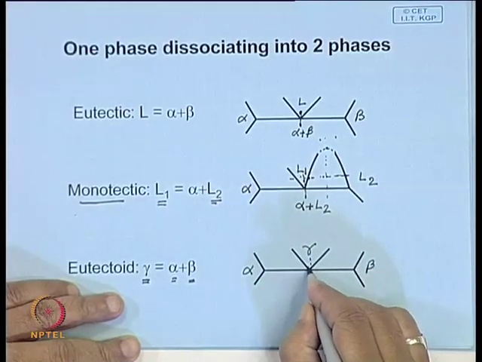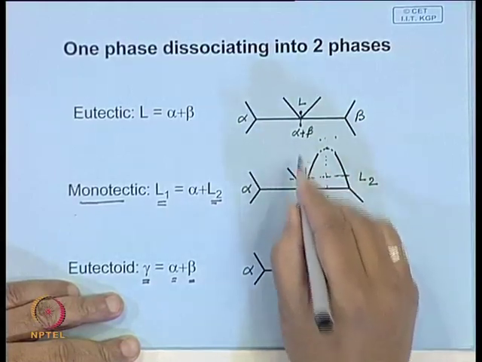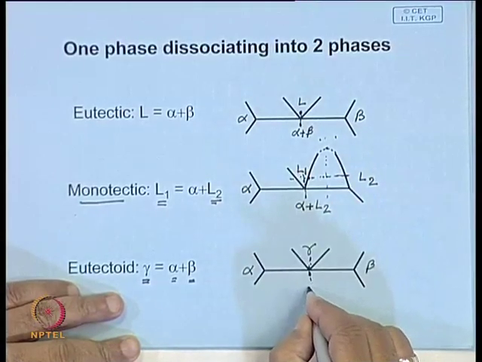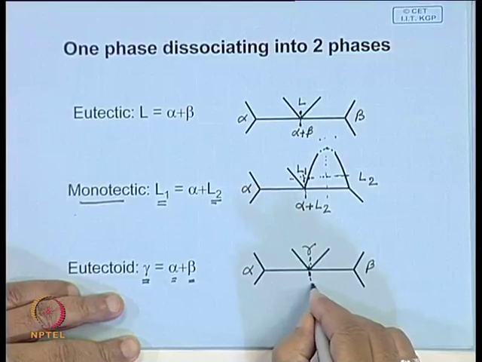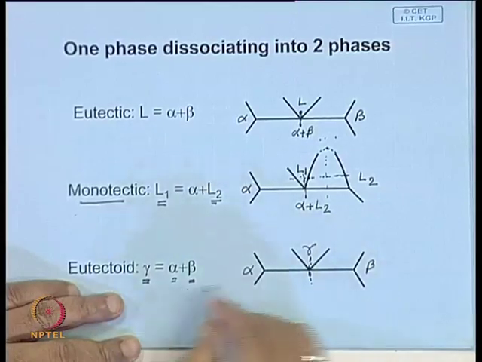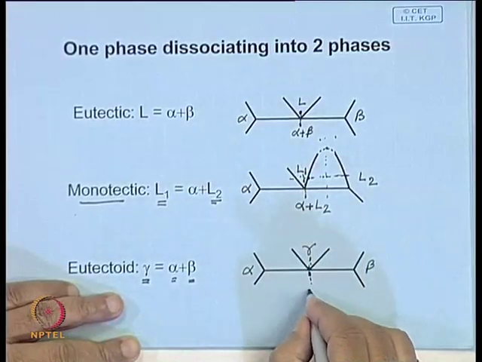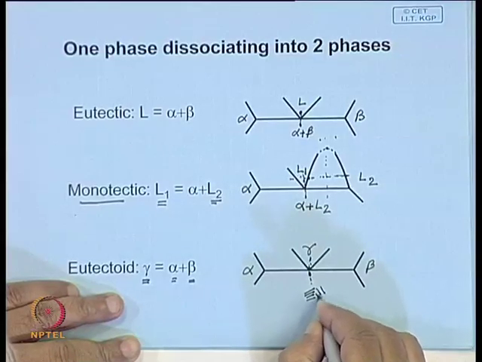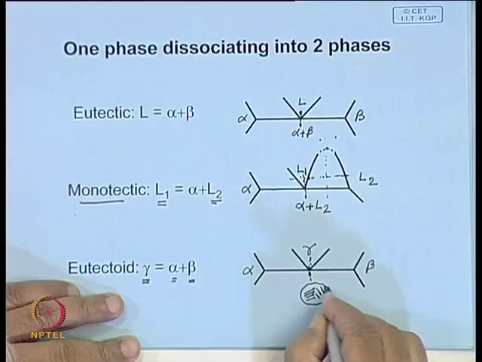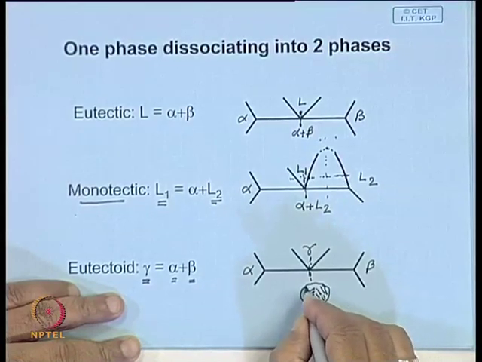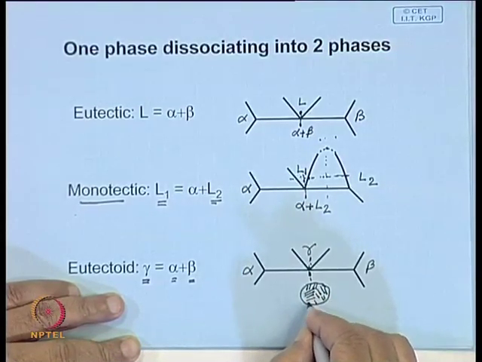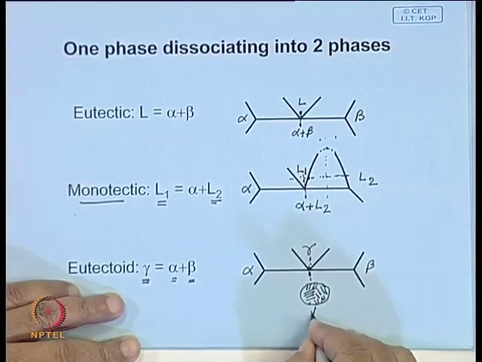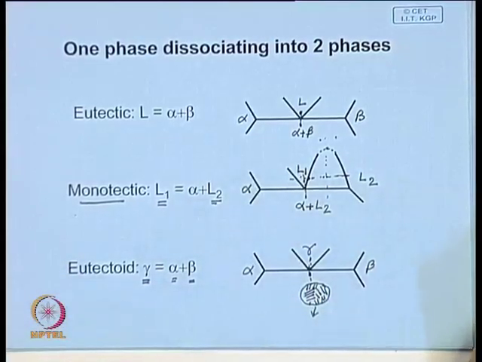So, like eutectic, this structure you will call a eutectoid structure, and structurally also it will be very similar to that of eutectic. One very common example could be this type of lamellar structure, and this is called a eutectoid structure.